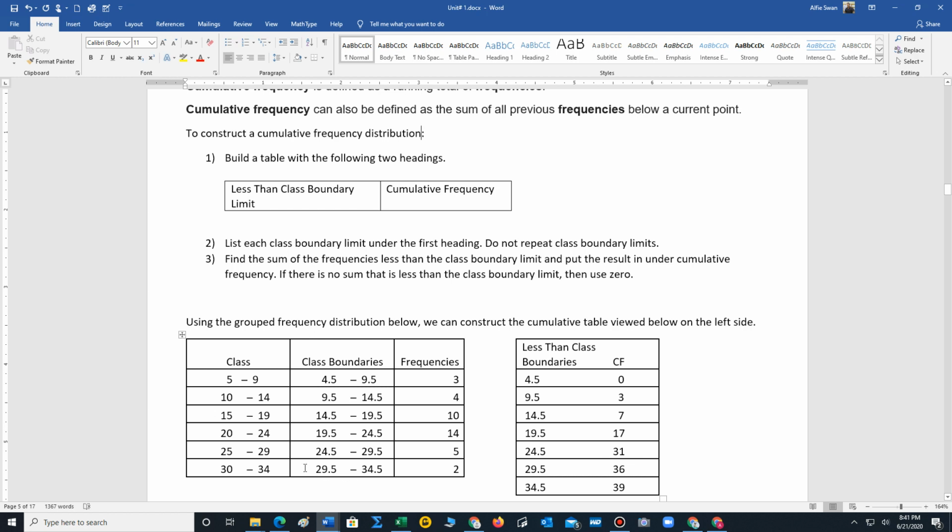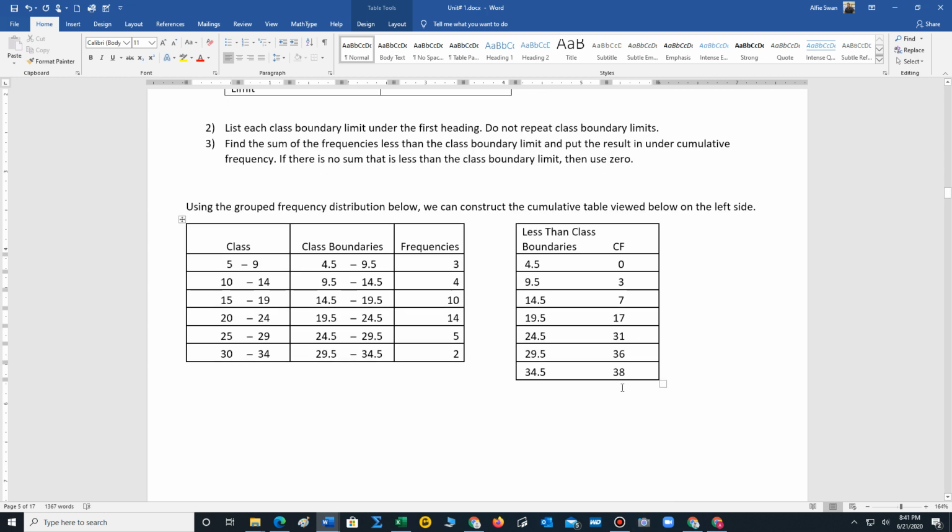And then for the next one, we add all of these values, so 5 plus 31 is 36. And then finally, we add up the entire column, that's going to give us 38.